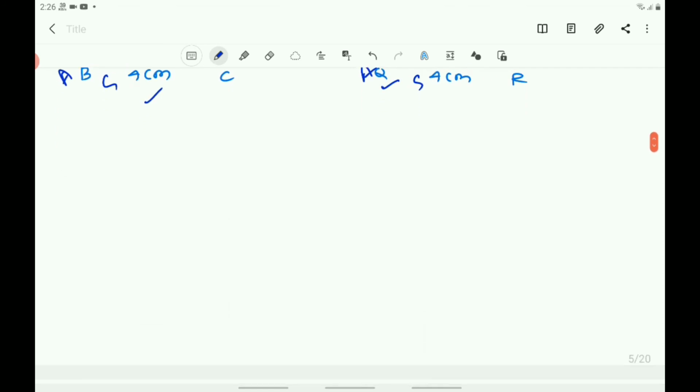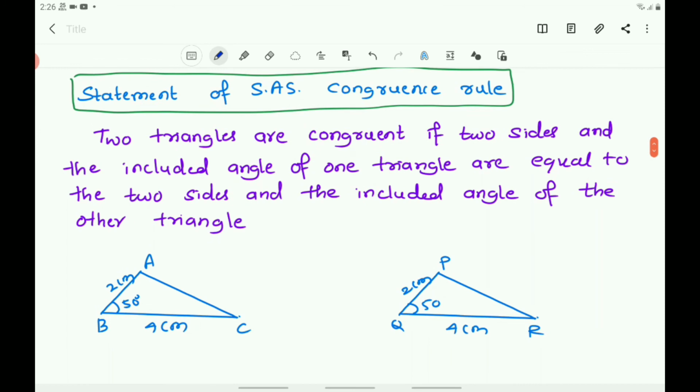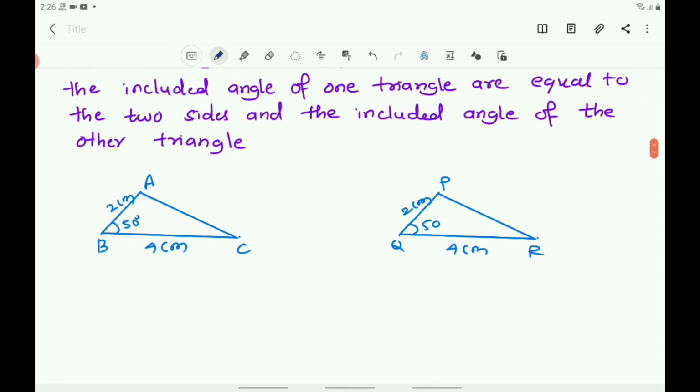So what is the statement of the SAS congruence rule? Two triangles are congruent if two sides and the included angle of one triangle are equal to the two sides and the included angle of the other triangle.